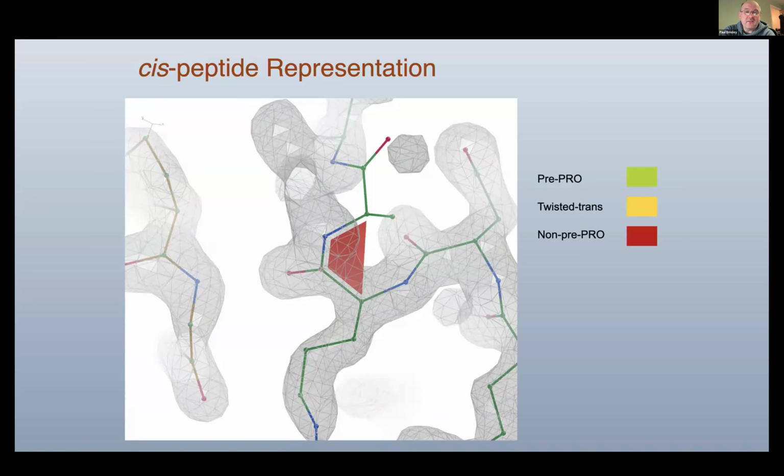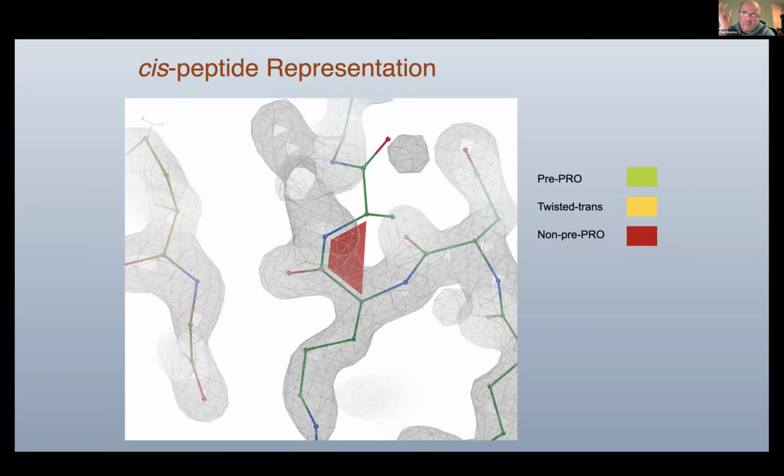Red is for cis peptides that are in front of residues that are not proline. Green is for cis peptides that are in front of a proline, and twisted trans is yellow.